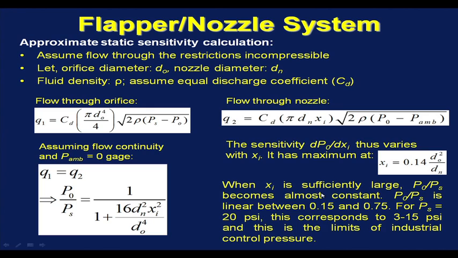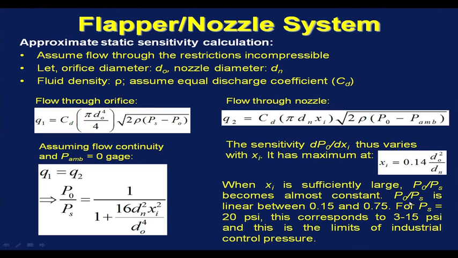When Xi is sufficiently large, P0 by Ps becomes almost constant. So, for a sufficiently large value of Xi or sufficiently large displacement, P0 by Ps, which is the normalized output pressure, becomes almost constant, or in other words tends to saturate.